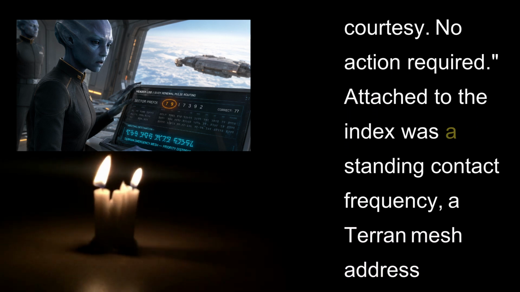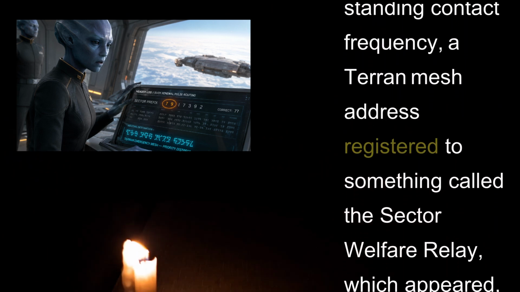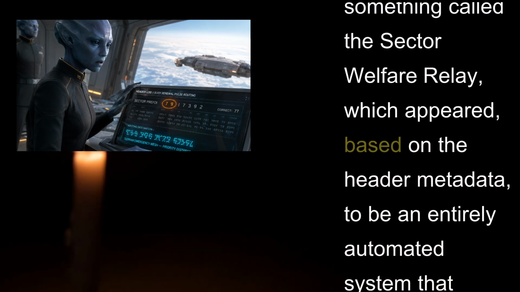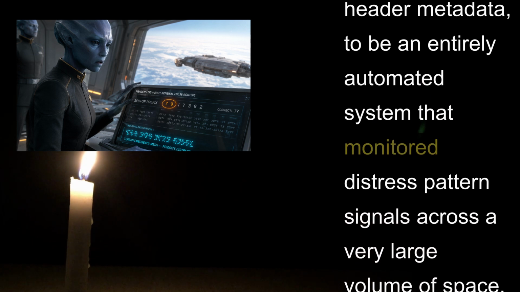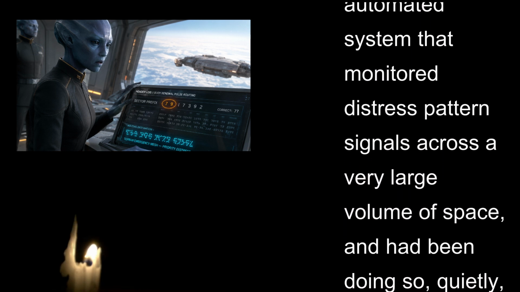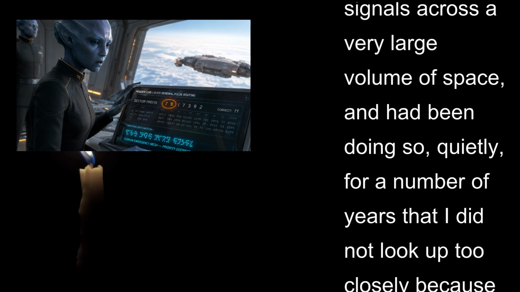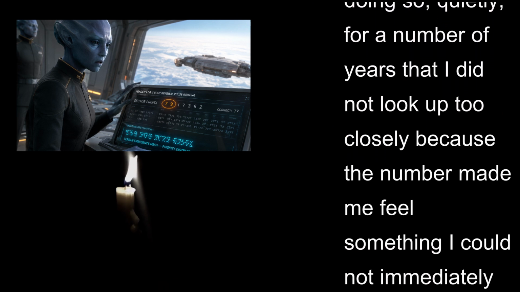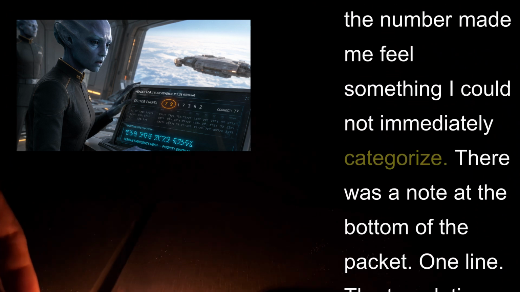Attached to the index was a standing contact frequency, a Terran mesh address registered to something called the Sector Welfare Relay, which appeared, based on the header metadata, to be an entirely automated system that monitored distress pattern signals across a very large volume of space, and had been doing so, quietly, for a number of years that I did not look up too closely because the number made me feel something I could not immediately categorize.